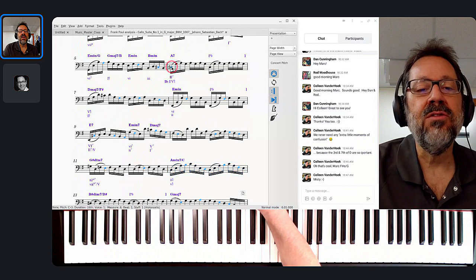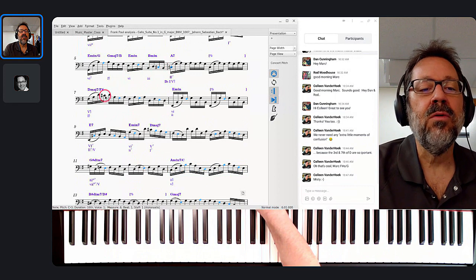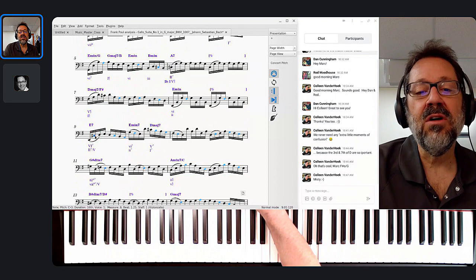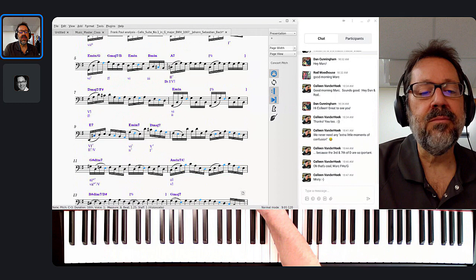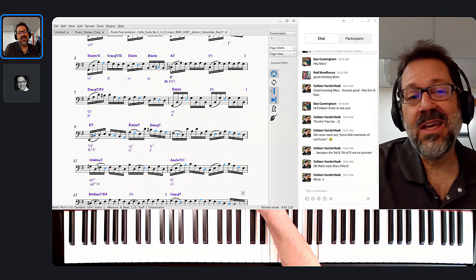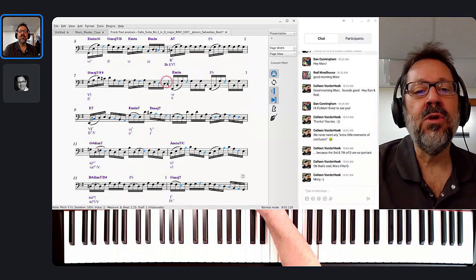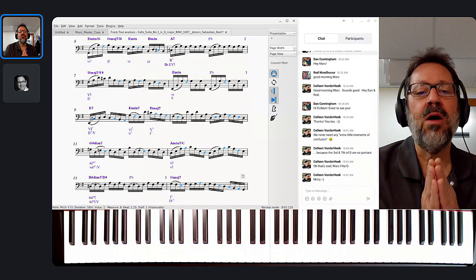We have this C sharp, that C sharp, that C sharp, and this C sharp. All these C's are C sharps. So yeah, we're in the key of D at this point, and it is absolutely proper to notate that as having modulated to D.